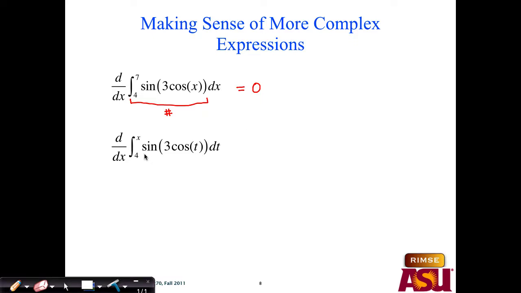In this case, we called this function f prime of t, and so the accumulation we got was f of x minus f of 4. And so by taking a derivative of that with respect to x, the 4 is gone, and we just get f prime of x, which is just a letter change away from being exactly what we started with. So that was with t, and now we're with x.